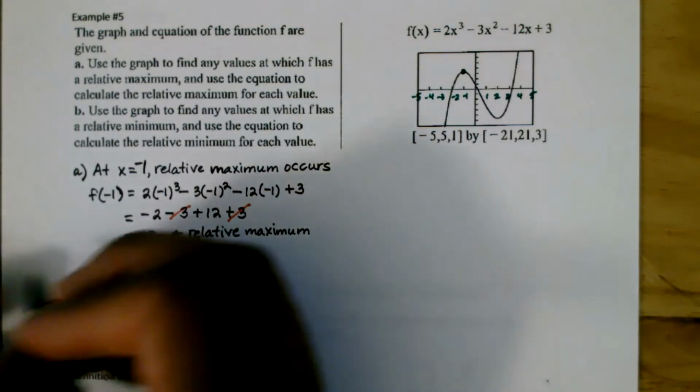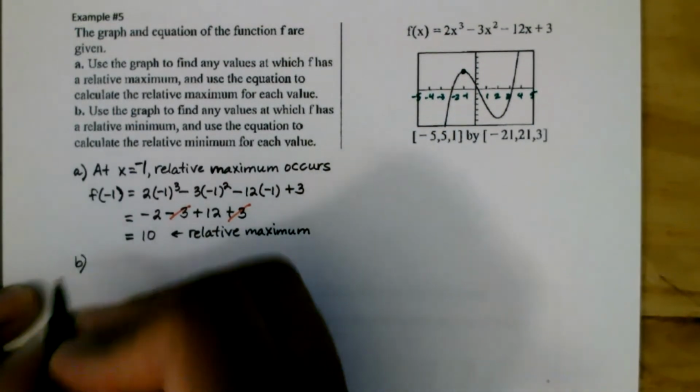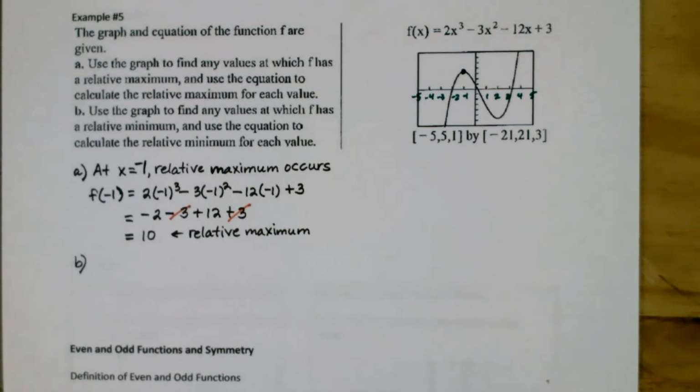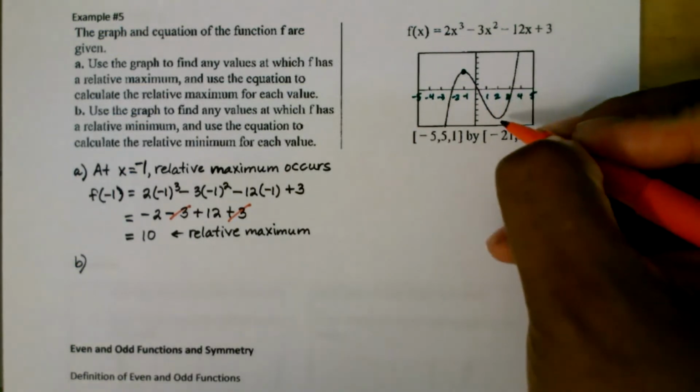Okay? Now the B part is this. Use the graph to find any values at which f has a relative minimum and use the equation to calculate the relative minimum for each value. Well, the relative minimum is that lowest point or the valley.